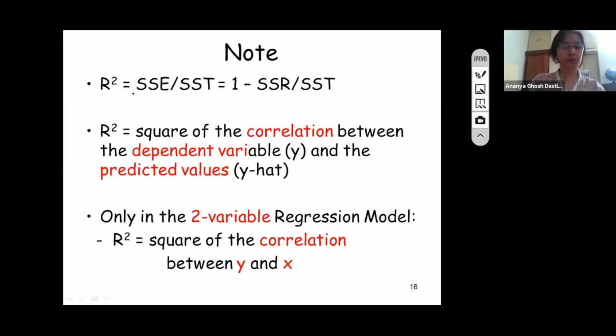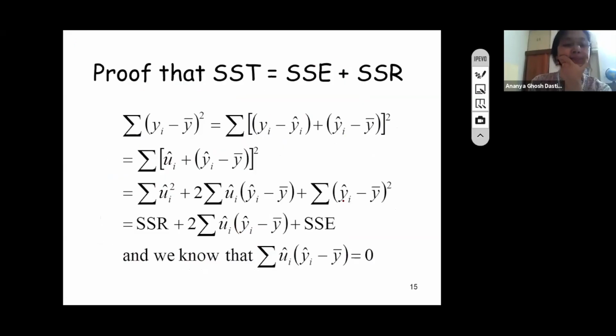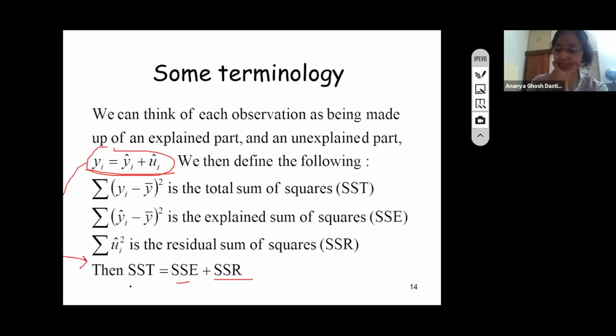We can either think of the R squared as the explained sum of squares upon the total sum of squares, or we can think of it as 1 minus the residual sum of squares upon the total sum of squares. That is what the R squared is. And this residual sum of squares is also reported as part of your regression. Where is this coming from? It is coming from the fact that your SST is equal to SSE plus SSR, right?